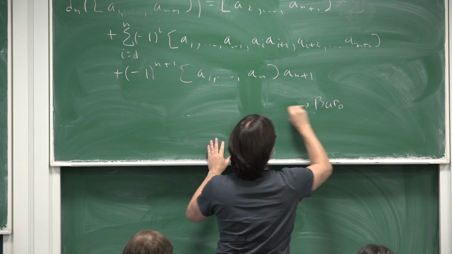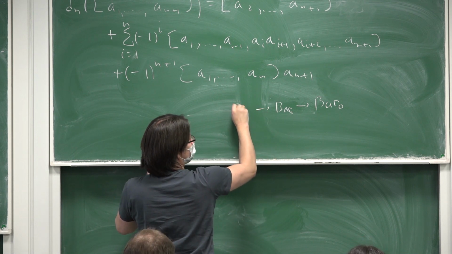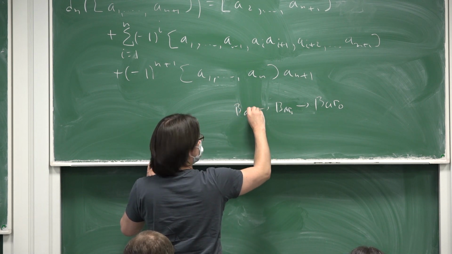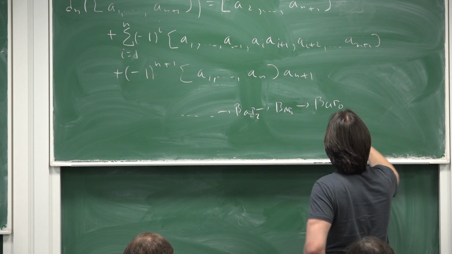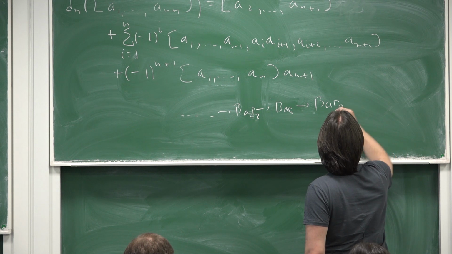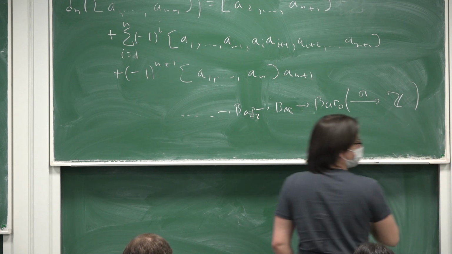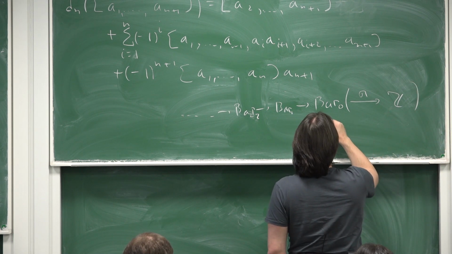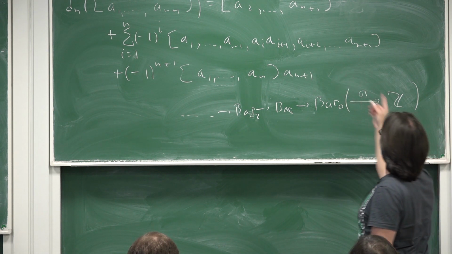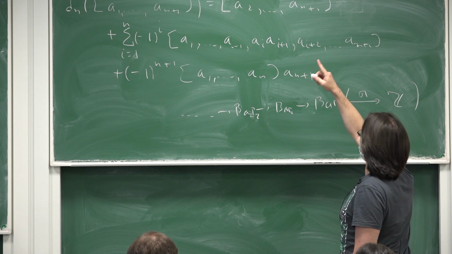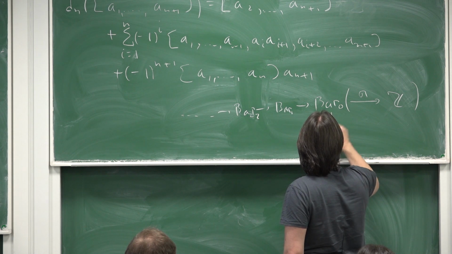Bar 0, bar 1, bar 2, and so on, it's a complex, and here we have a map pi to Z, where pi is the linear map from ZG to Z that sends any element of G to 1, since bar 0 is ZG.